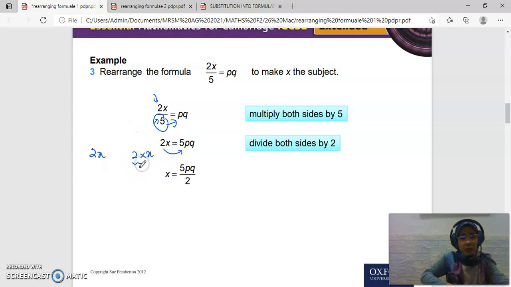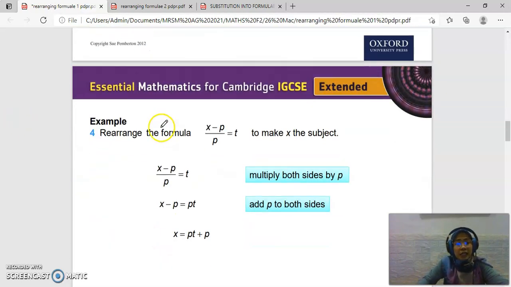So we know multiplication, brought to the other side, will end with division. Or to make the coefficient of x equal to 1, you can divide both sides by 2. When you divide both sides by 2, this one you can cancel out. So the answer will be x equal to 5pq over 2. That was example 3.